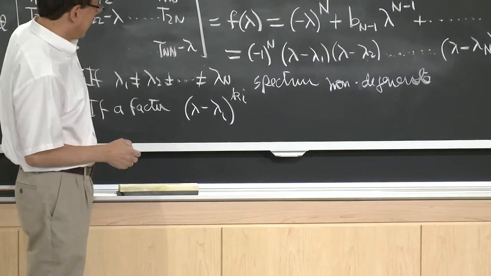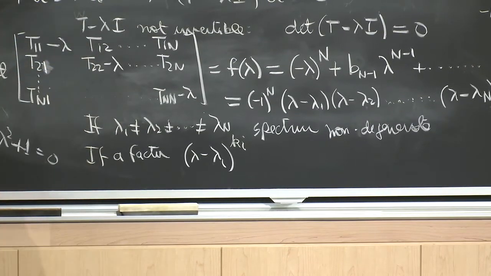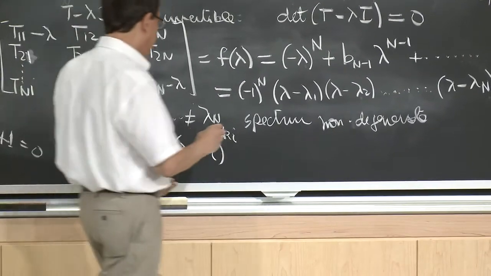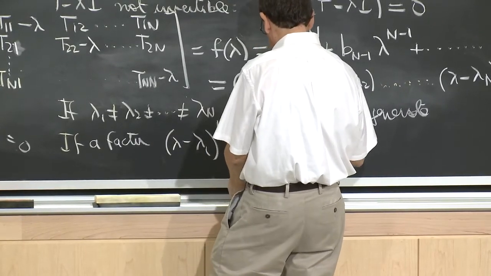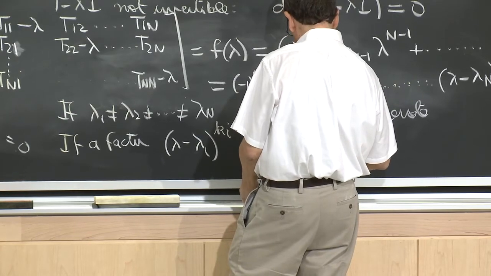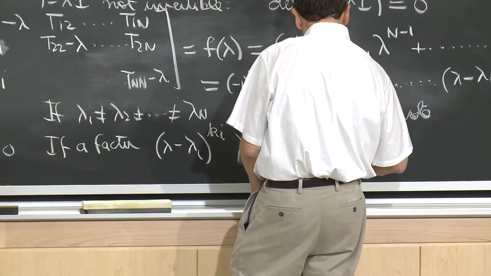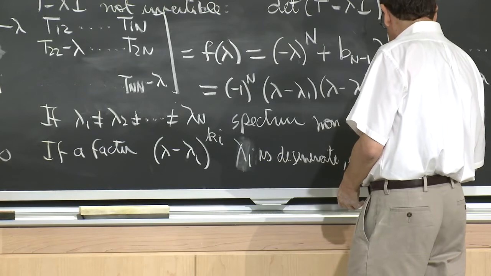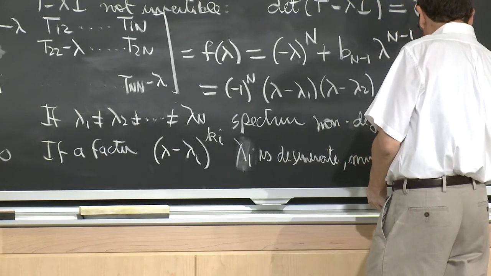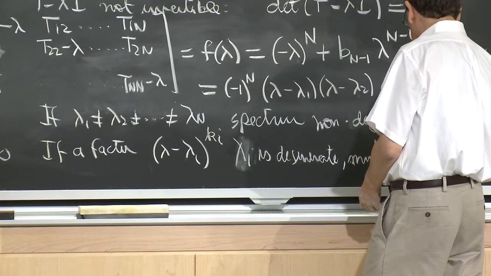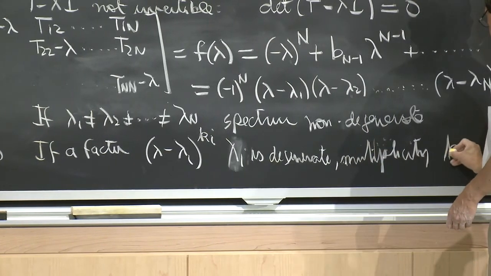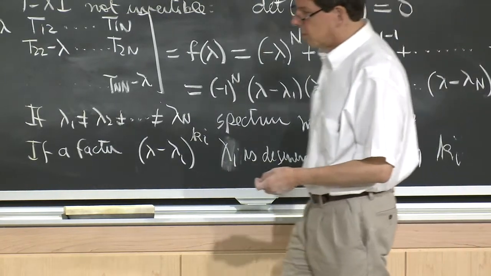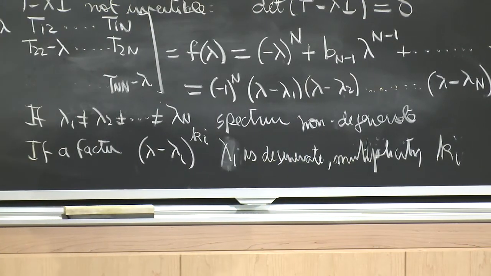It appears k_i times. So lambda i is degenerate with multiplicity k_i. So these are the kinds of things that can happen.